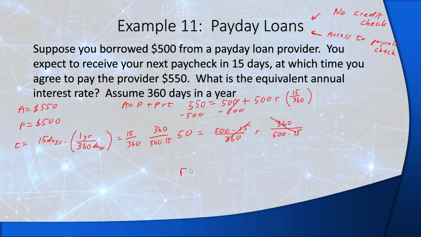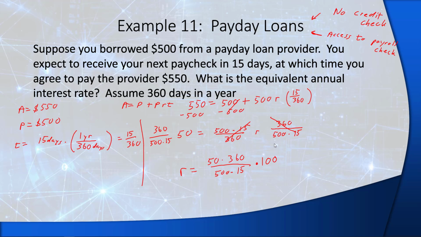I will have R, and that will be equal to 50 times 360 divided by 500 times 15. And now remember, this is a percentage, but this is only a decimal, so I would need to multiply this by 100.